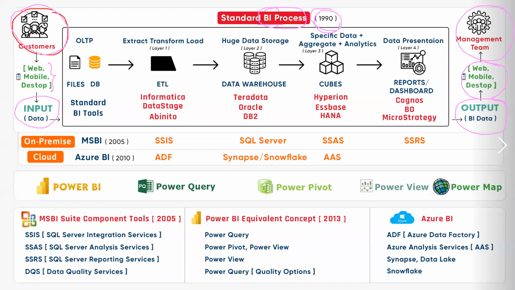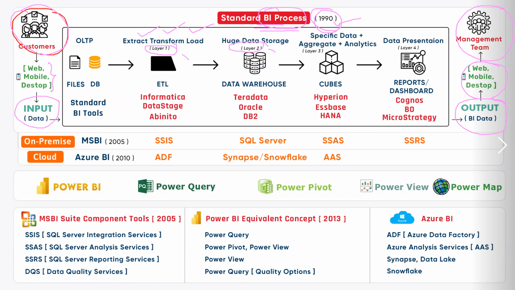The process was given in the early 90s. According to the process, first, this is a layer we need to use: extraction, transformation, load layer. Layer one. So your daily data, it will fetch, perform this operation, and move into the warehouse, layer two.